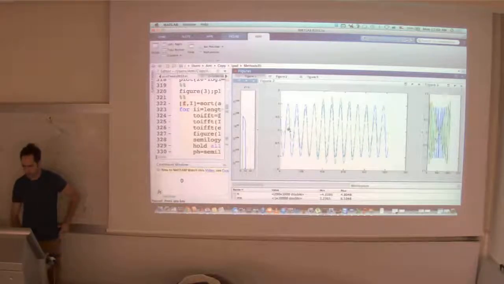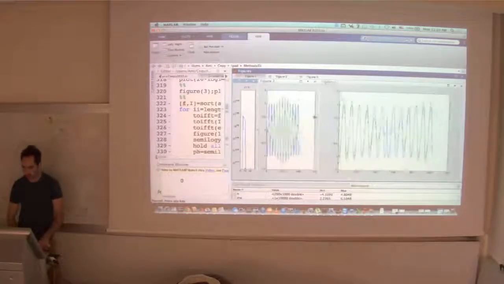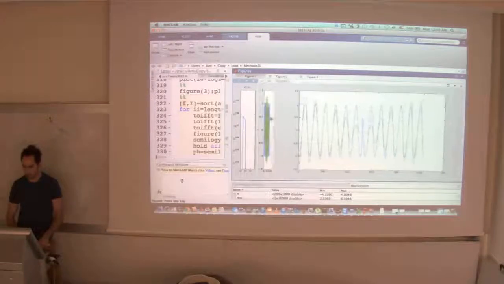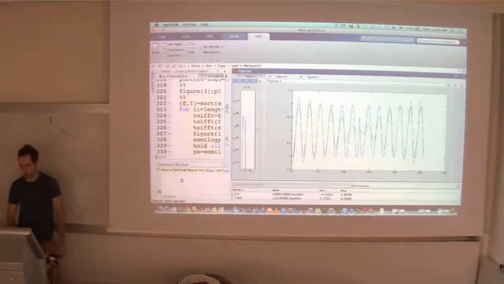And we can see that now we have a better fit, at least in phases, but we still miss some of the amplitudes here and here. And when we look at the discontinuity point, we see again that the envelope is starting to look good, and here it still doesn't look good.